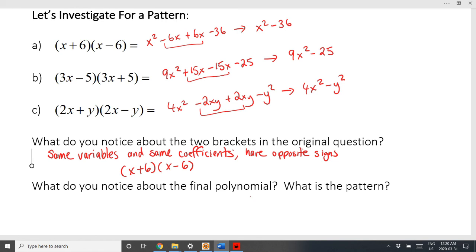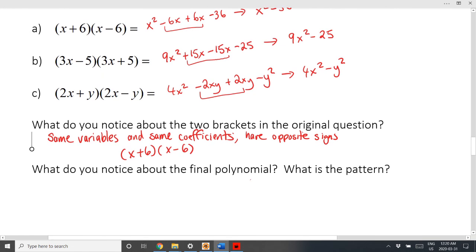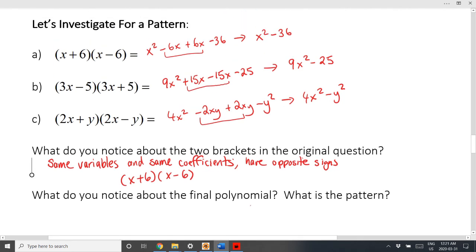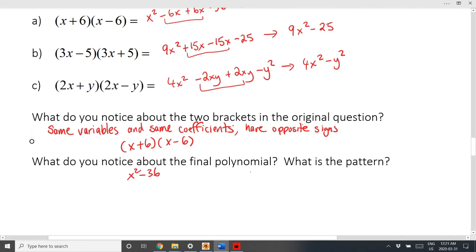And what do you notice about the final polynomial? What is the pattern? So looking at the final polynomial, I'll write the one for this example over here, x squared minus 36. They are binomials, which means only two terms. There's a negative in between.